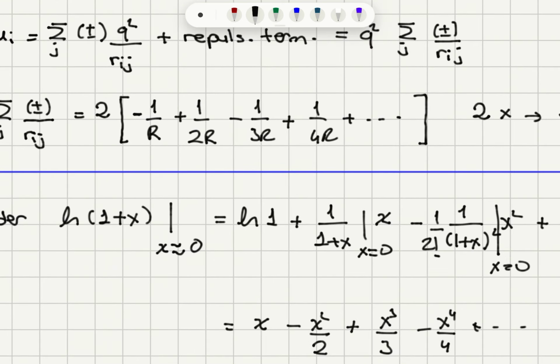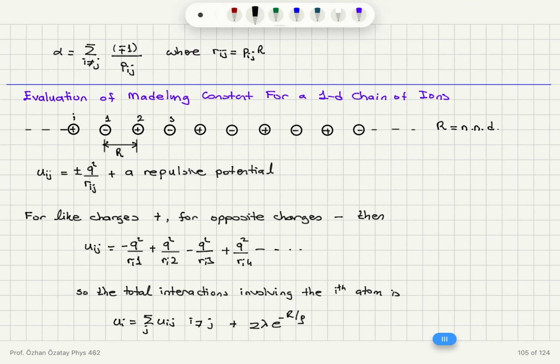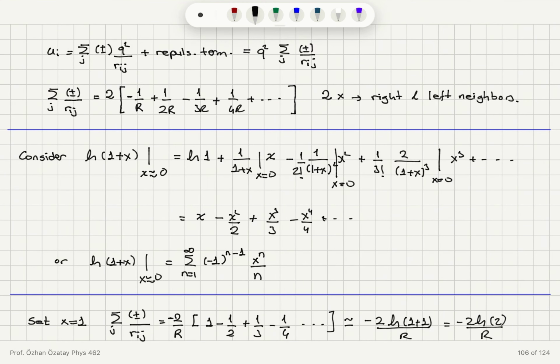That would be the first term. But because I have two nearest neighbors, I have to consider not only this one, but also there will be another one here, which is 1 prime, let's say, that will give me the same contribution. So I have to multiply it by 2. So 2 times minus 1 over r.